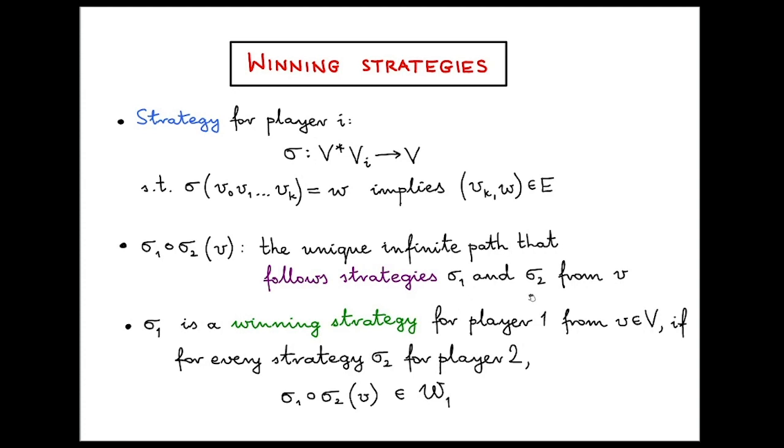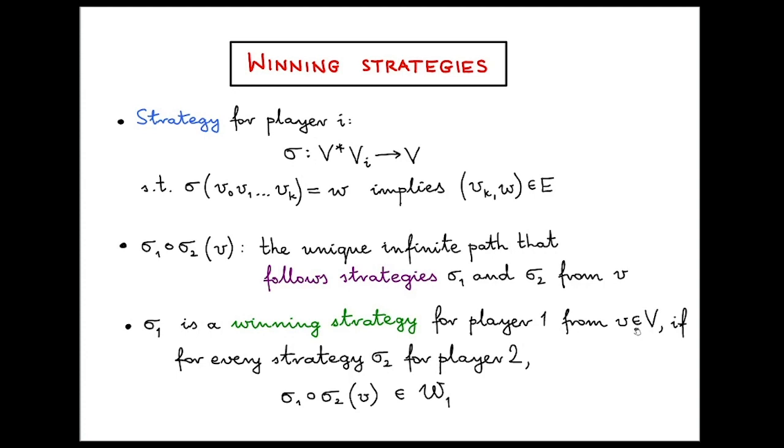Okay? So with this concept of a path determined by complete description of what each of the two players are doing according to their strategy sigma 1 and sigma 2, we can now define what it means for a strategy for one of the players, say strategy sigma 1 for player 1, to be a winning strategy for her from some initial vertex v.